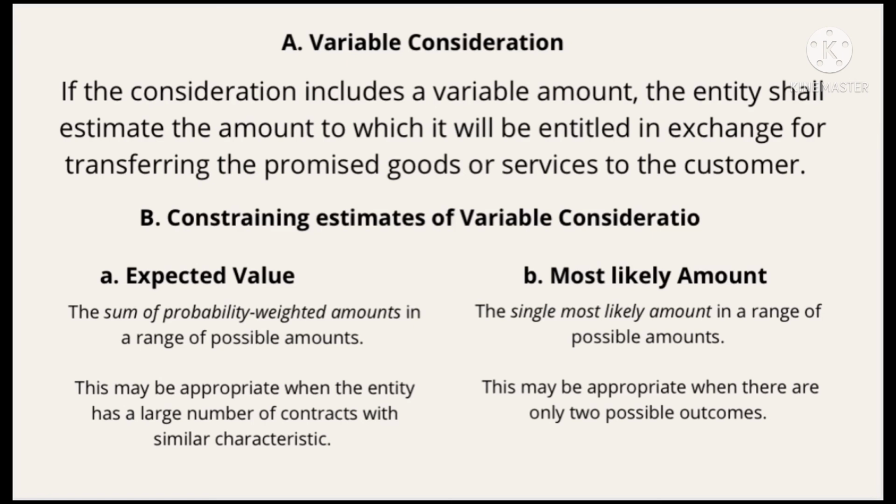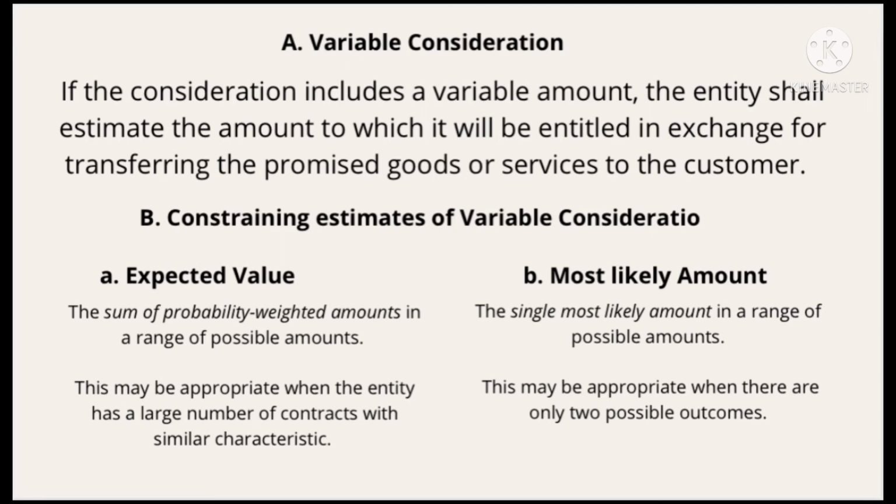The estimated amount of variable consideration will be included in the transaction price only to the extent that it is highly probable that a significant reversal in the amount of cumulative revenue recognized will not occur when the uncertainty associated with the variable consideration is subsequently resolved. The amount of variable consideration can be estimated using either of the following methods. First is the expected value. The sum of probability-weighted amounts in a range of possible amounts.